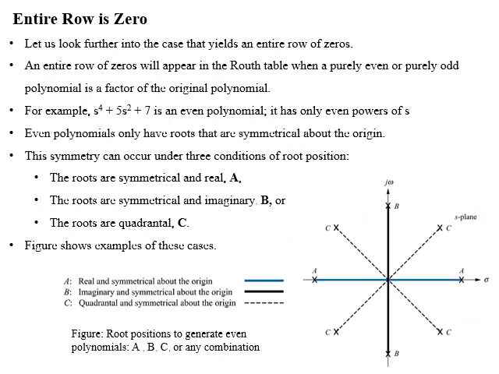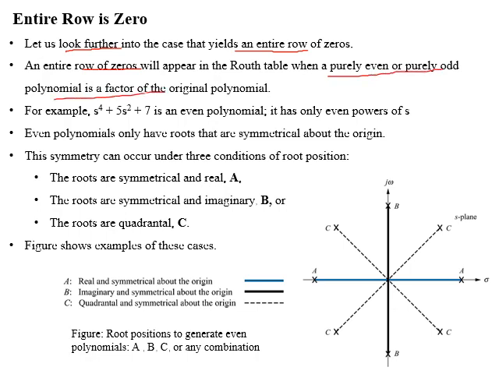Dear students, now we will study about location of poles when row of 0 occurs. A row of 0 occurs in the Routh table when a purely even or purely odd polynomial is a factor of original polynomial.